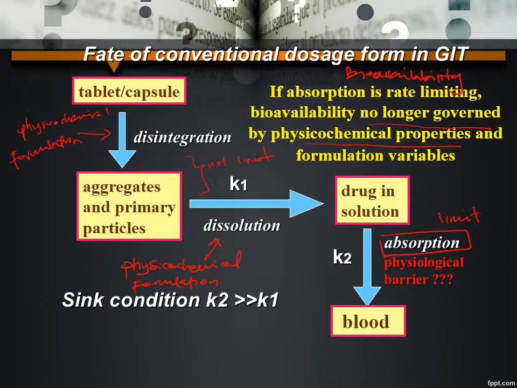Anything that you change to the particle size, to the physical chemical property, to the formulation, any disintegrant, any lubricant, anything that enhances the dissolution, you are not going to change the bioavailability of the drug. So when you are trying to design a formulation, you have to see which is the rate limiting step that affects the ultimate bioavailability of the drug.